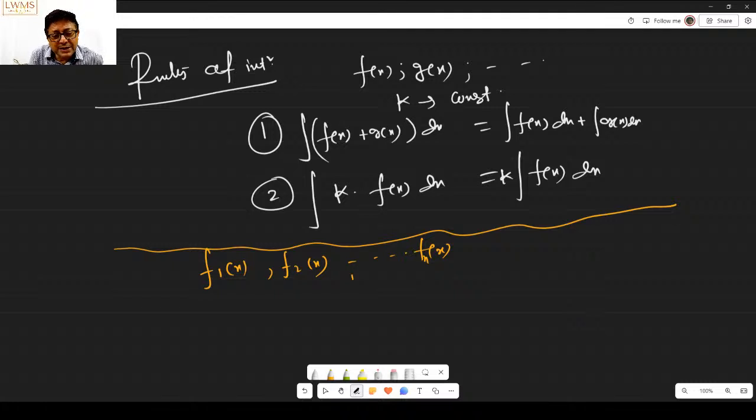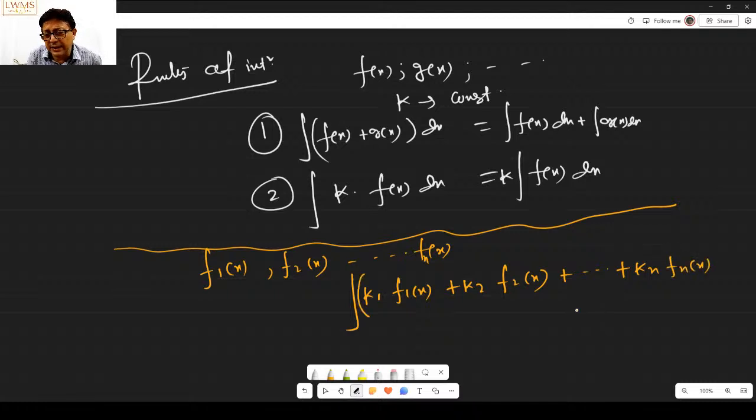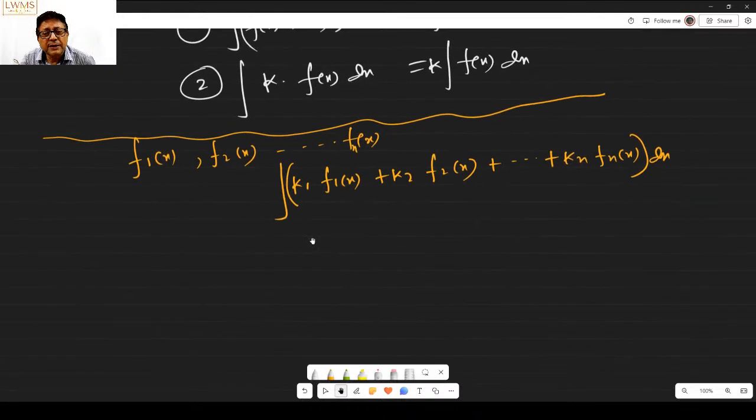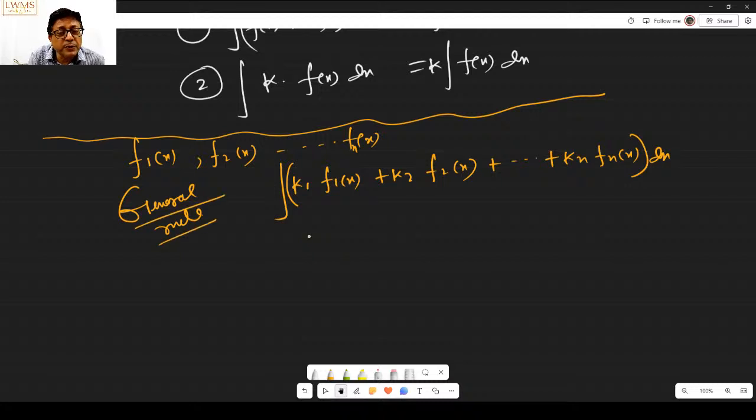Then the rule states that if there is k1 f1(x), k2 f2(x) plus kn fn(x) dx, then, general rule. Right now no product rule, we will do product rule later.